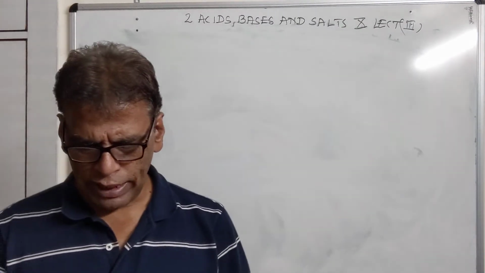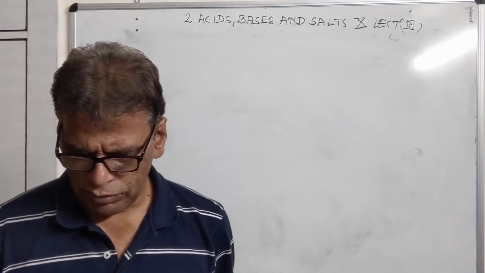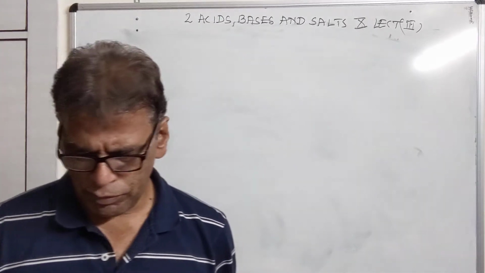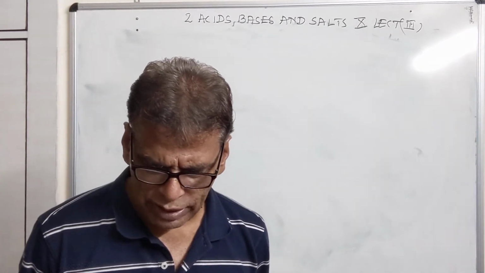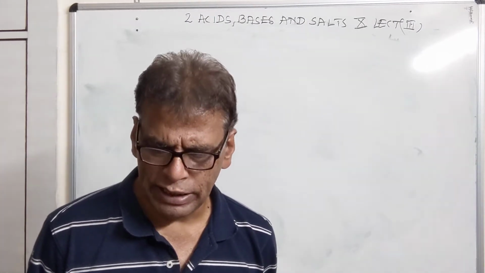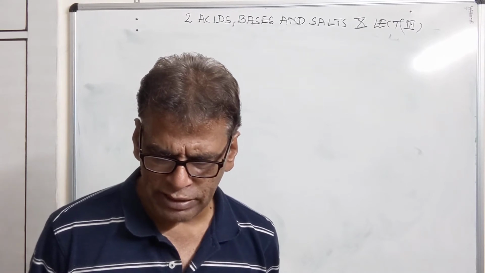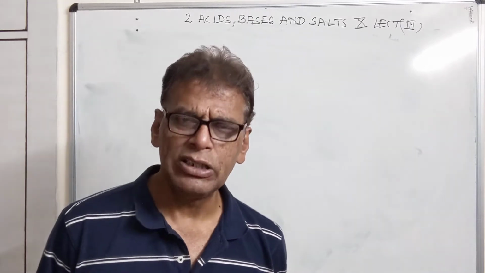Now it says collect the following salt samples, which you will collect in your laboratory or bring from outside: NaCl, copper sulfate, potassium nitrate, sodium acetate, aluminium chloride, sodium carbonate, zinc sulfate, sodium hydrogen carbonate. Check their solubility in distilled water.